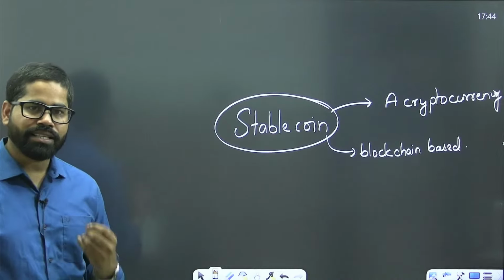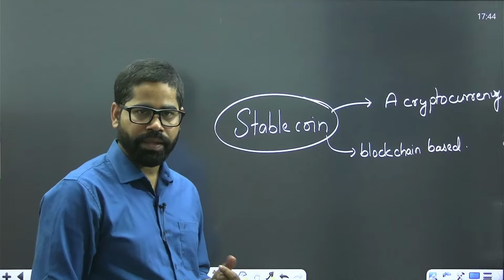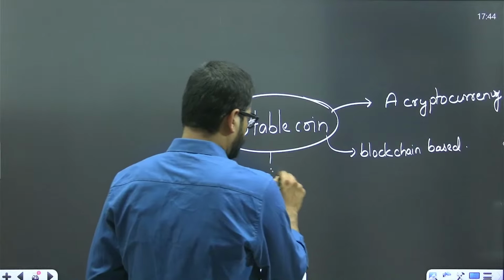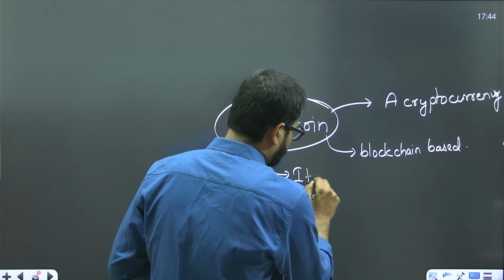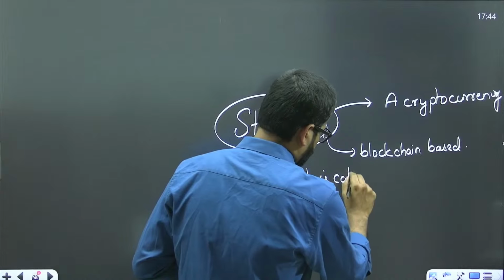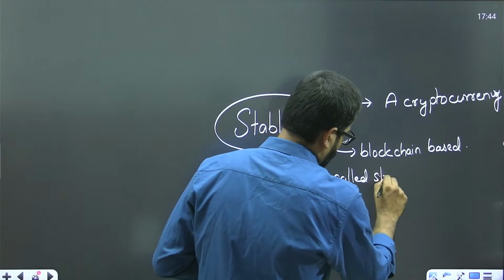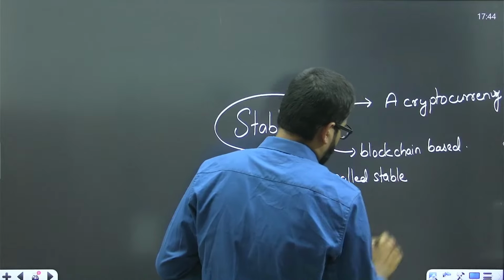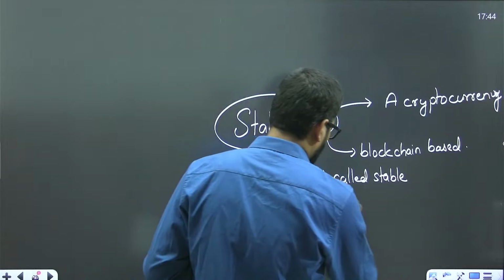But this is called a stable coin. Okay, it is called stable. Why?